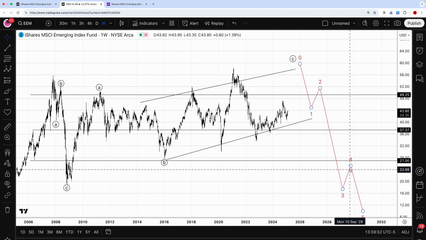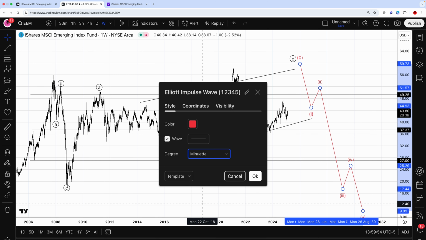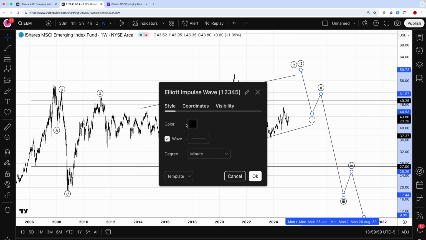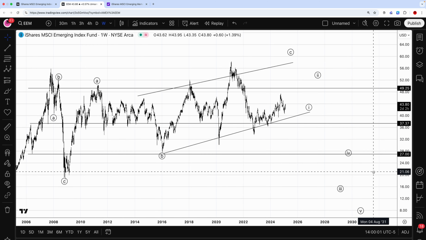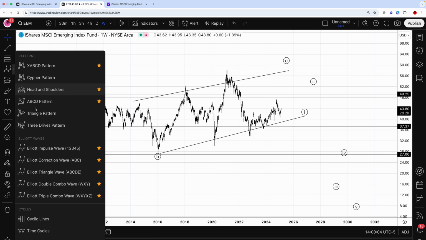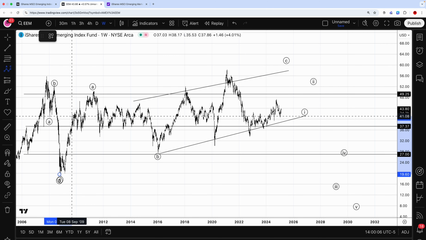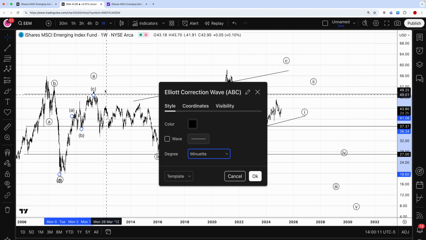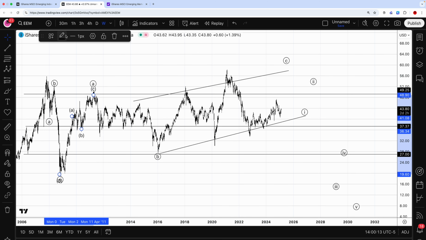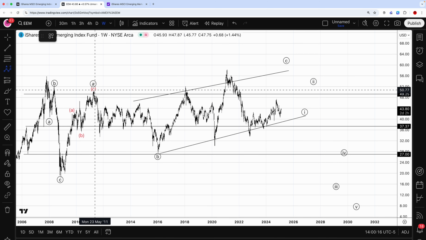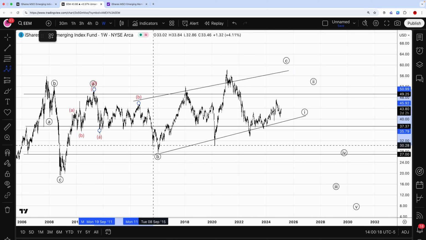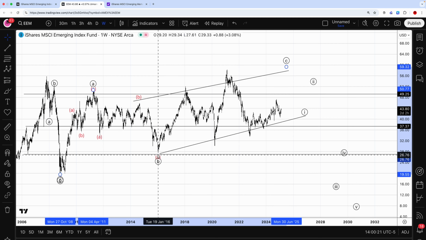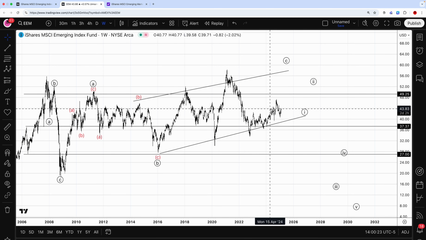Something like this for the wave count. Okay. Right, so we have your A, B, C up for your A. Then we have your ABC down for your B. And then we're going to have a 5-wave move up and then the 5-wave move up is channeling.